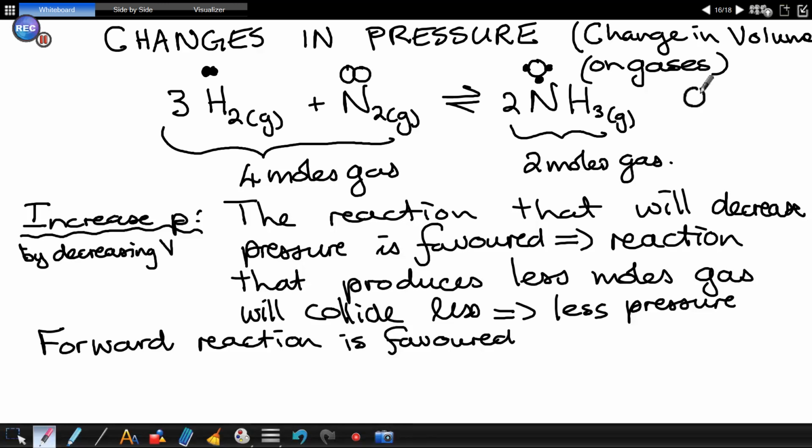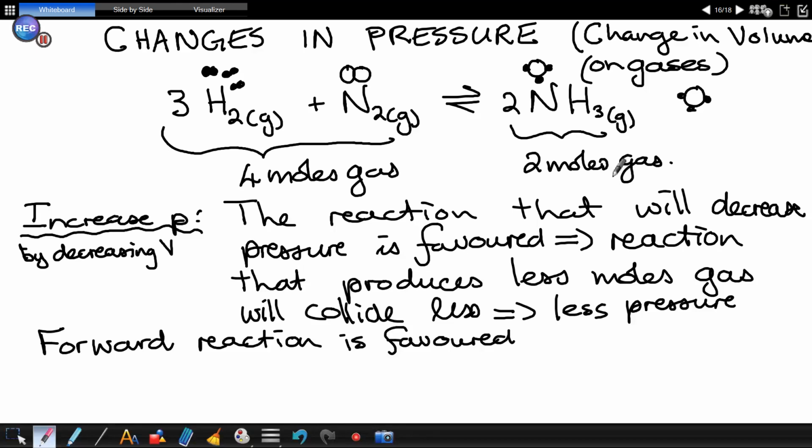So 2 atoms of nitrogen on the product side will need how many hydrogens? 3 hydrogen molecules. So the balanced equation takes 3 moles of hydrogen and 1 mole of nitrogen gas to make 2 moles of ammonia, because of the way that the atoms rearrange themselves to form the product.